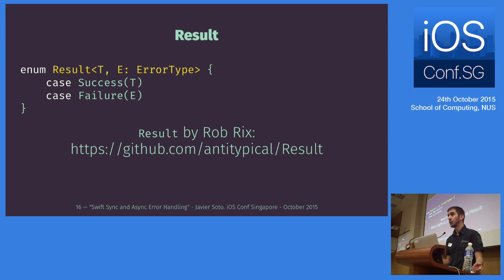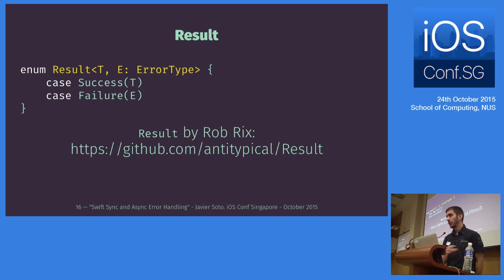Because this is an enum in Swift, we can know that a value of this type has to be either a success with a value of type T, or a failure with some error type value. And we know that it cannot possibly be neither or both, like we saw at the beginning with those two error case conditions that don't make sense.